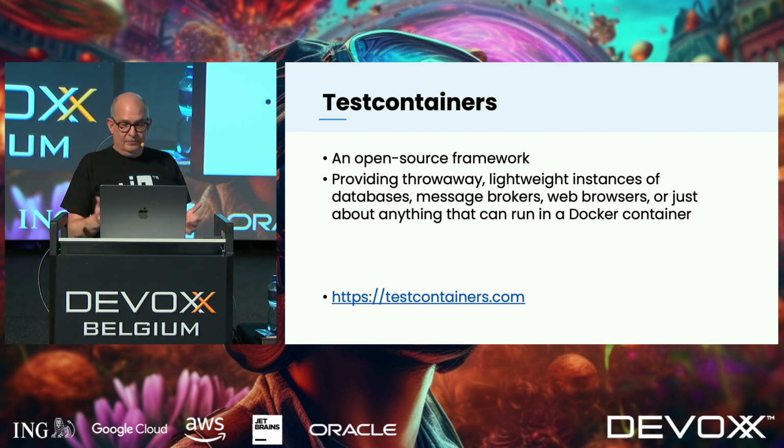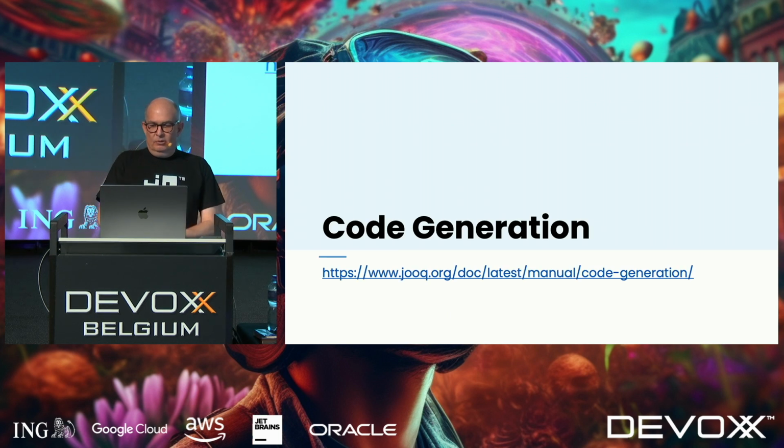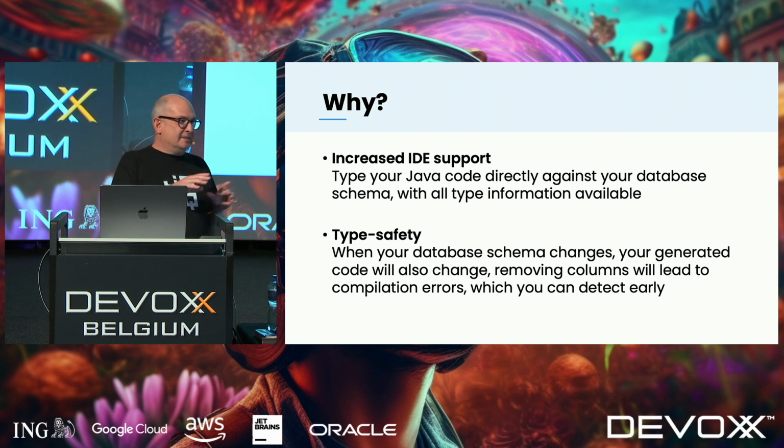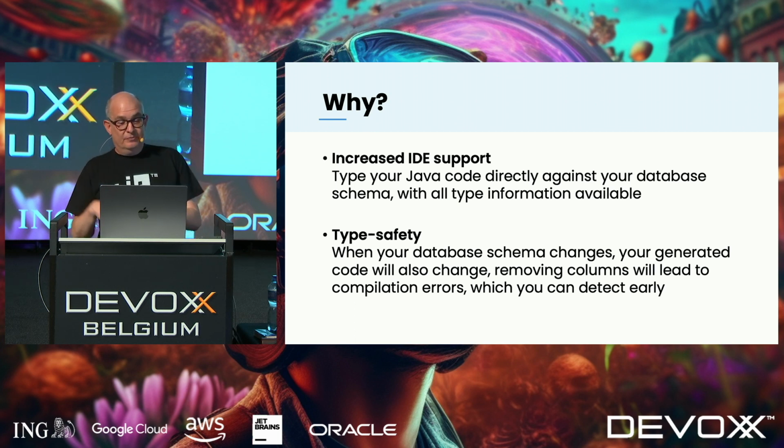Okay, so we have kind of a setup. Let's talk about code generation. So why do we need code generation? We need code generation because we want to have IDE support. I don't want to guess what my database table name is or what columns the database has.